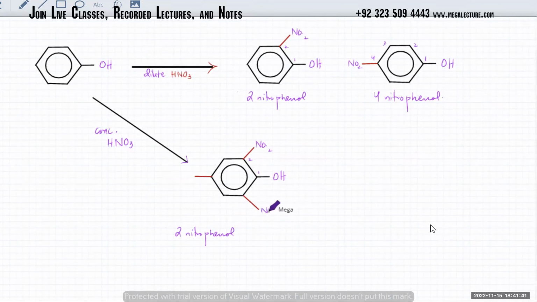And this becomes NO2, this also becomes NO2. So all of them become NO2, and now it's going to be called 2,4,6 trinitrophenol.